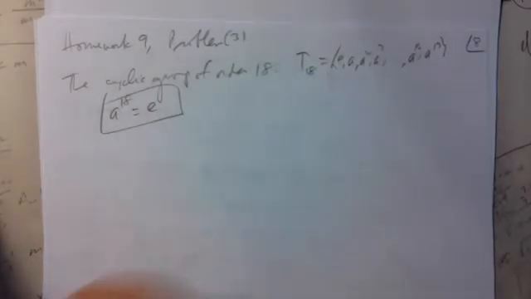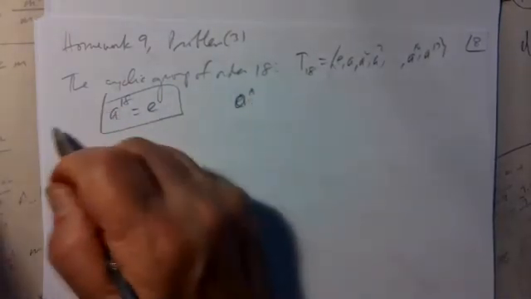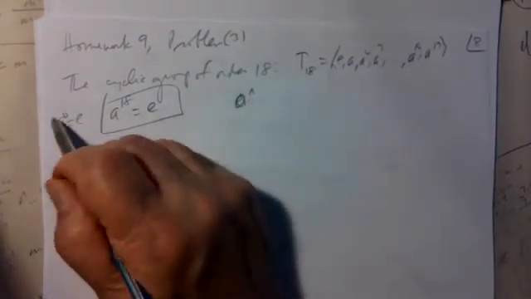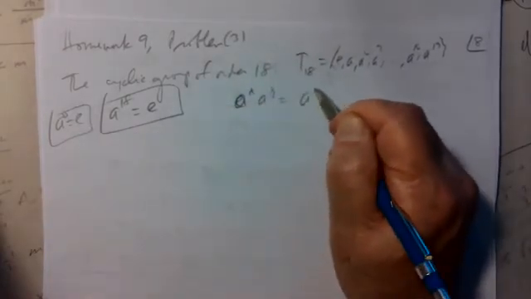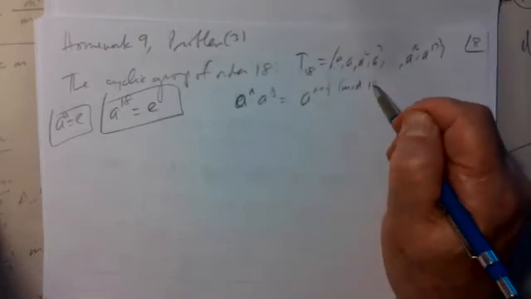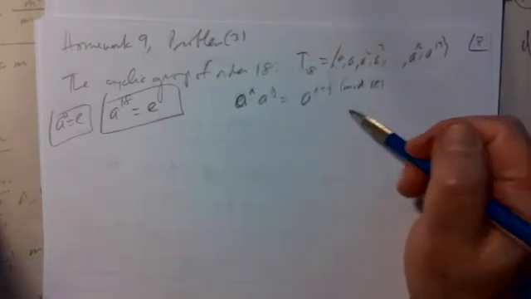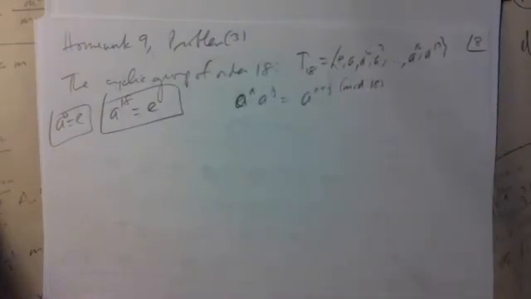And the rule for multiplication is that a to the 0 is just the identity, and a to the i times a to the j is a to the i plus j, and I should say mod 18, because if i plus j is greater than 18, then you just reduce it mod 18.